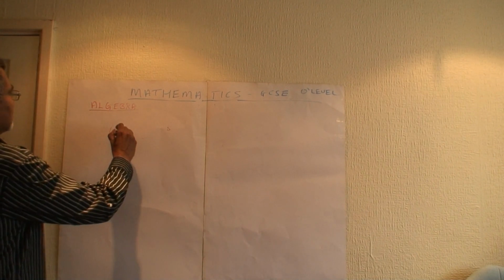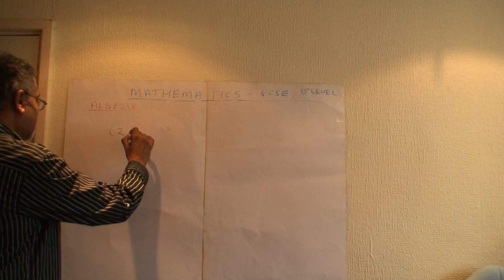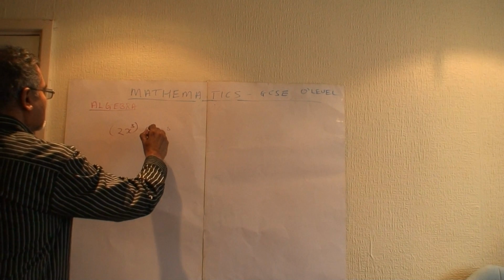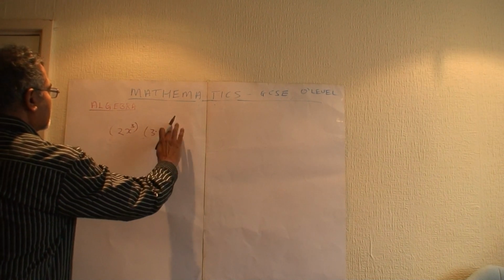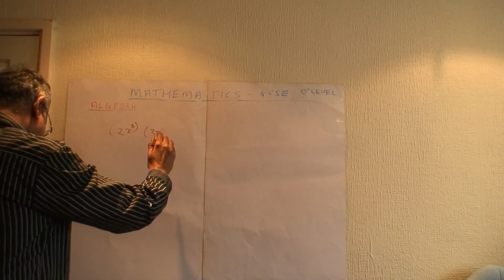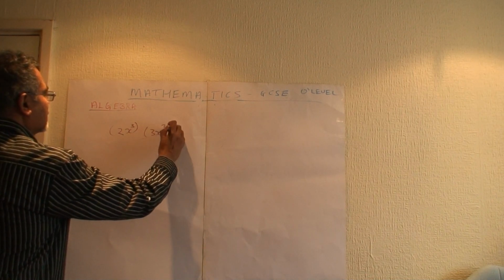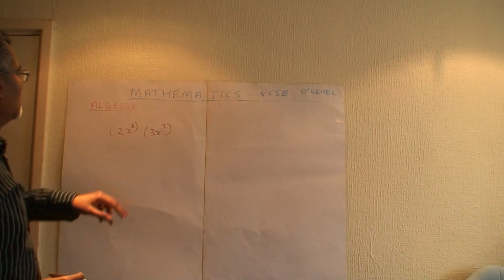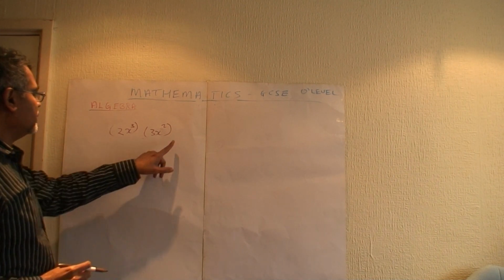What if we have this: 2x cubed times 3x squared? First, we multiply the coefficients.